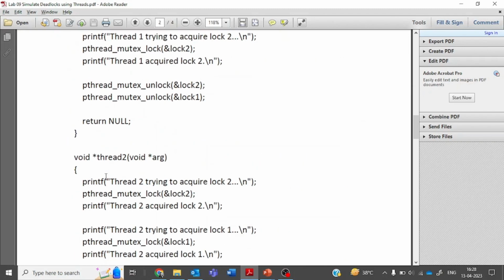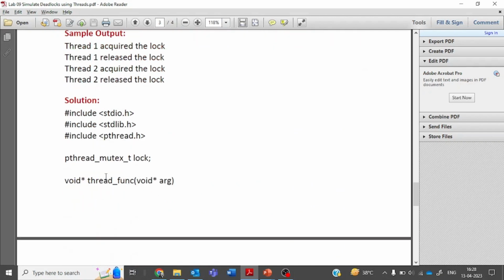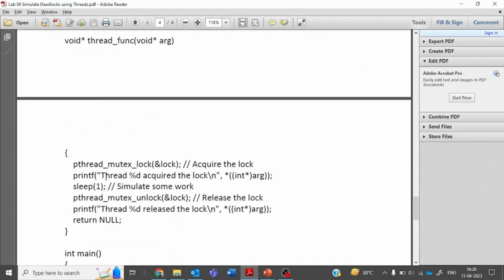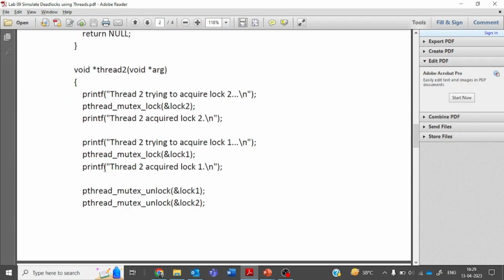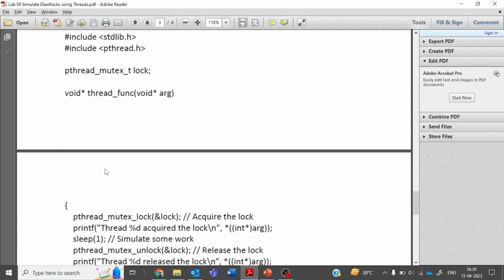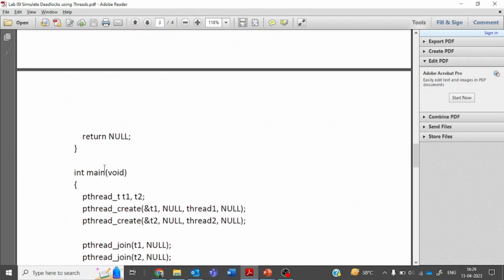So in order to achieve that, the second program uses the concept of unlocking to release the lock. As soon as you get the lock, you release it.